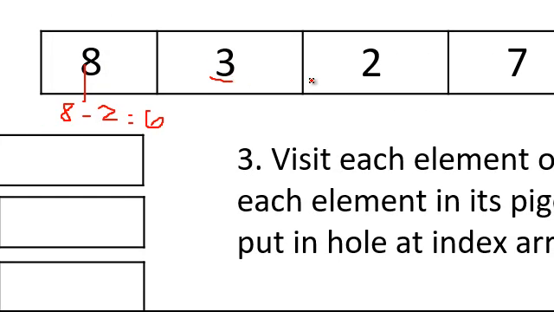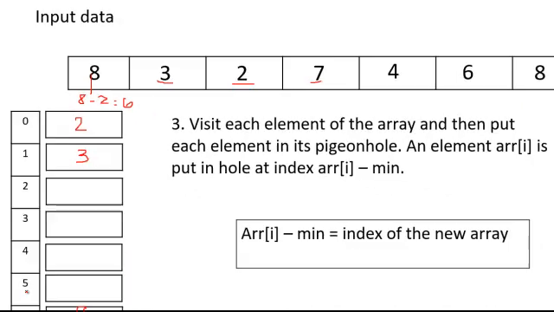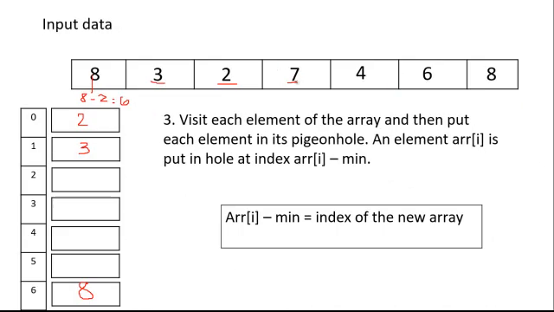So 3 minus the minimum element in the array, 3 minus 2, we have 1. So this one will be put in index 1. Then 2 minus 2, 0. So index 0 we have 2. So 7 minus 2, 5. So we will put this element in index 5.